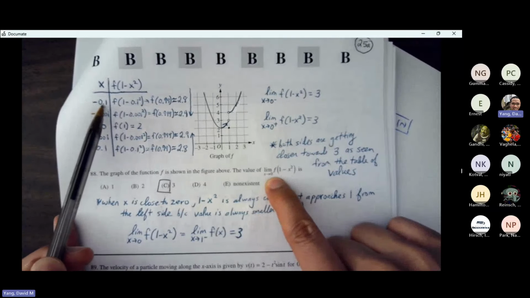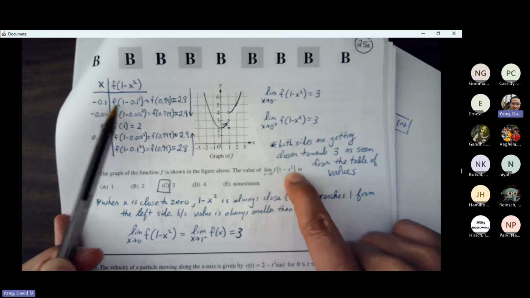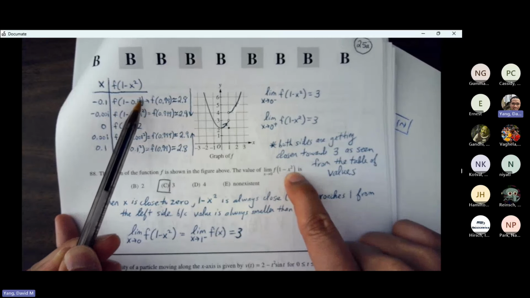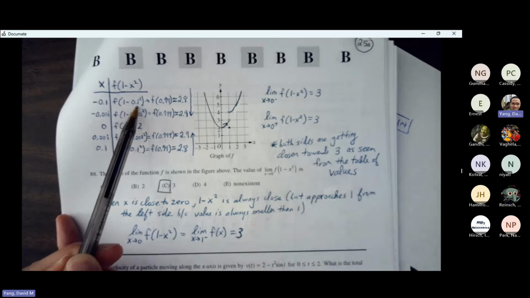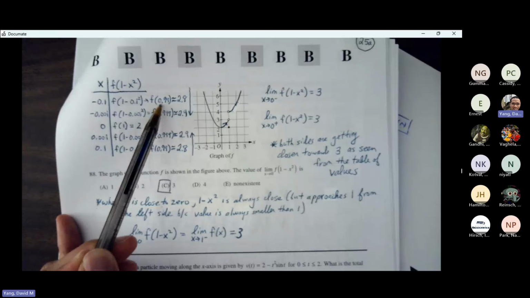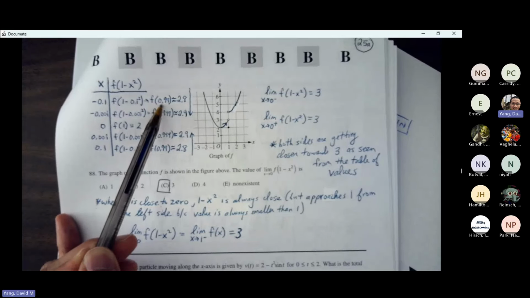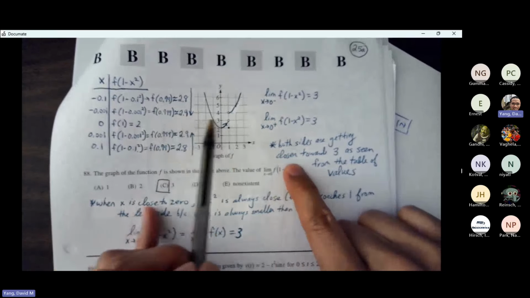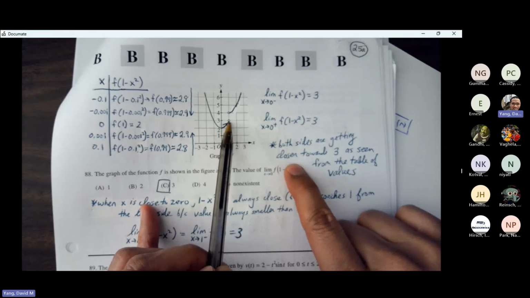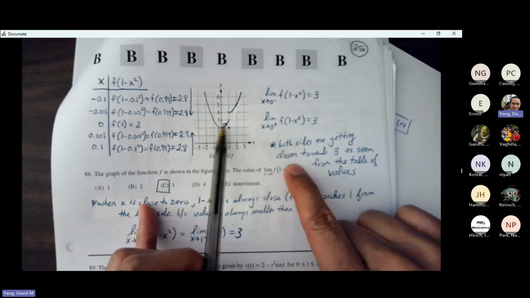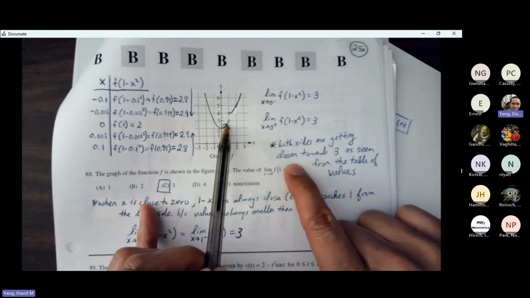If I choose negative 0.1 for x, it will be 1 minus 0.1 squared, which is maybe something like 0.99, right? 1 minus a number that's really, really small will be a number to the left of 1 but really close to 1, so 0.99. So f of 0.99 is maybe 2.8. I'm just doing this for demonstrative purposes. It's close, but not as close as it could be.